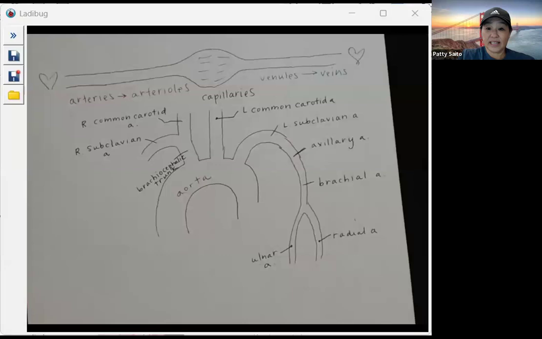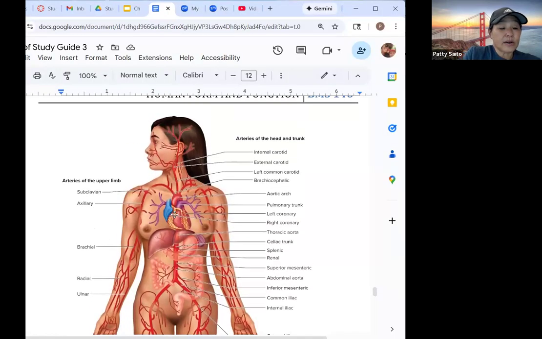Okay, let's go back now to our diagram. So let's follow it here. Here's the aorta. Here's the brachiocephalic trunk. Here's the right common carotid as it's coming up the neck.